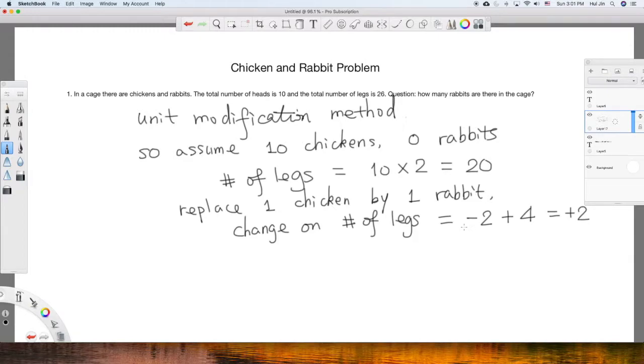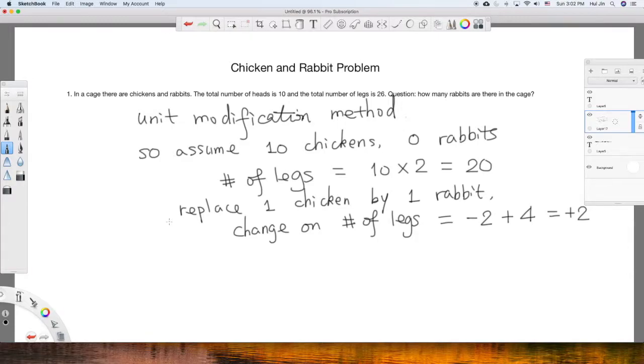Of course, that complies with our understanding. We need some more rabbits there. But replacing one chicken by one rabbit increases the number of legs by 2, making the total 22. It still has not reached 26.